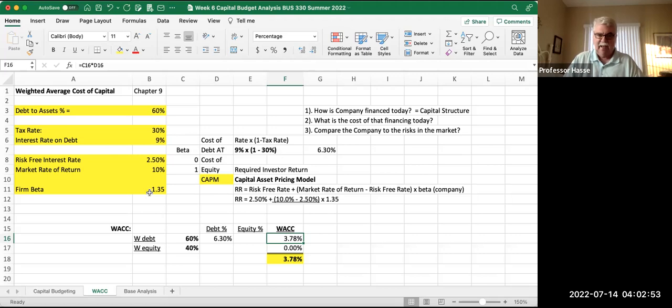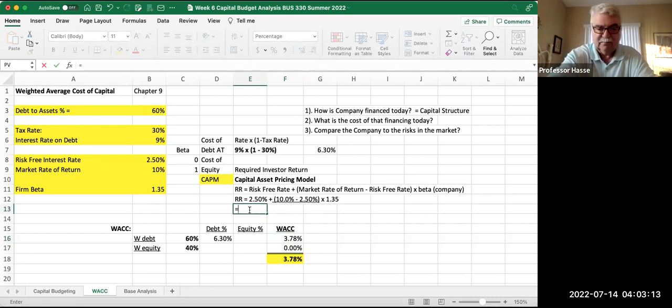So if we do that arithmetic, 2.5% plus 10% minus 2.5%, which is 7.5, times 1.35 will give us our cost of equity. So let's put that into an equation. Equals, parentheses, got to put in a couple parentheses here because we're doing a couple calculations.